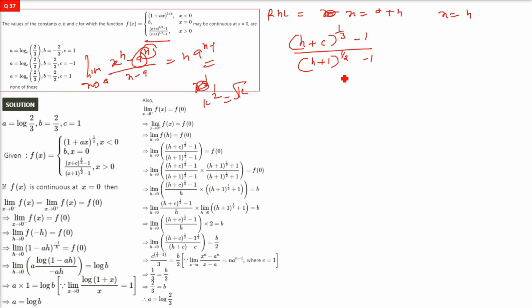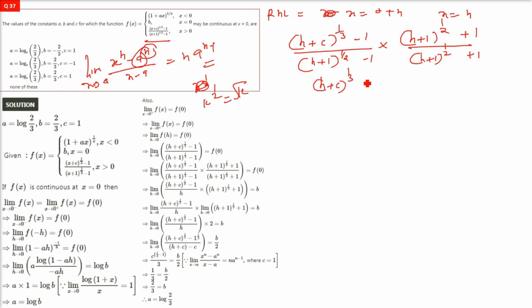This is root only, and whenever there is a root you go for rationalization. Okay, so half power is root only. So h plus 1 to the power half plus 1, h plus 1 to the power half plus 1, we are multiplying numerator and denominator in order to rationalize the denominator of this term.